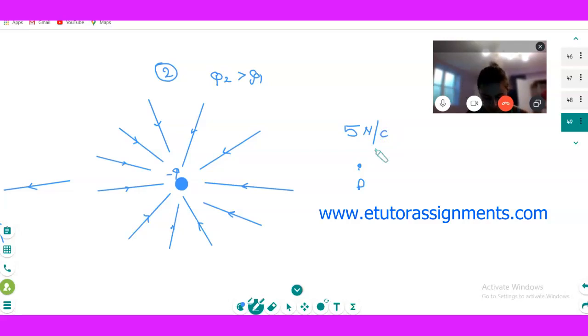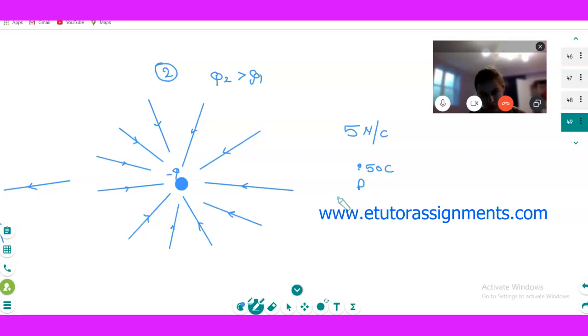If I put one charge here, let us take a 50 coulomb charge, what will be the force acting on this 50 coulomb charge?